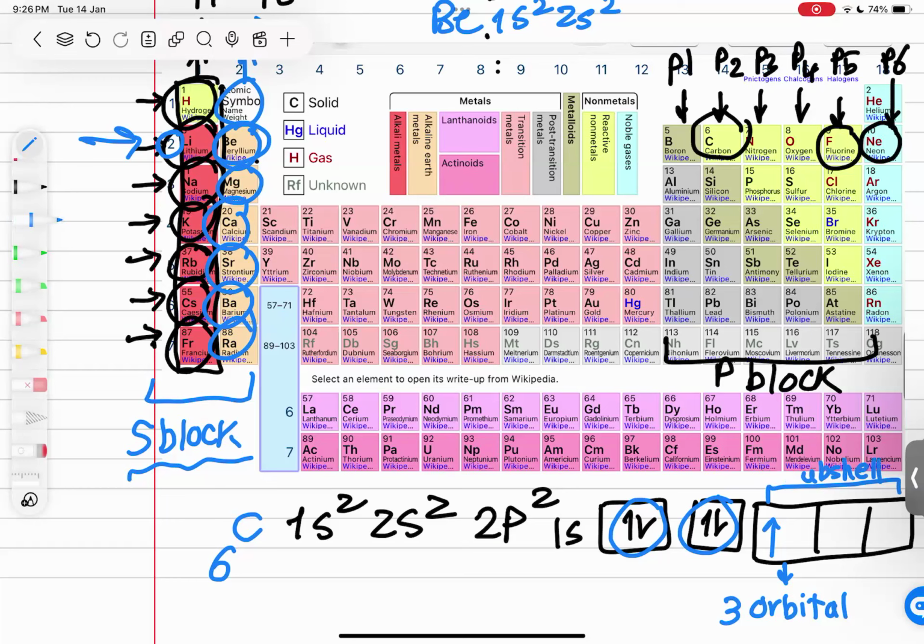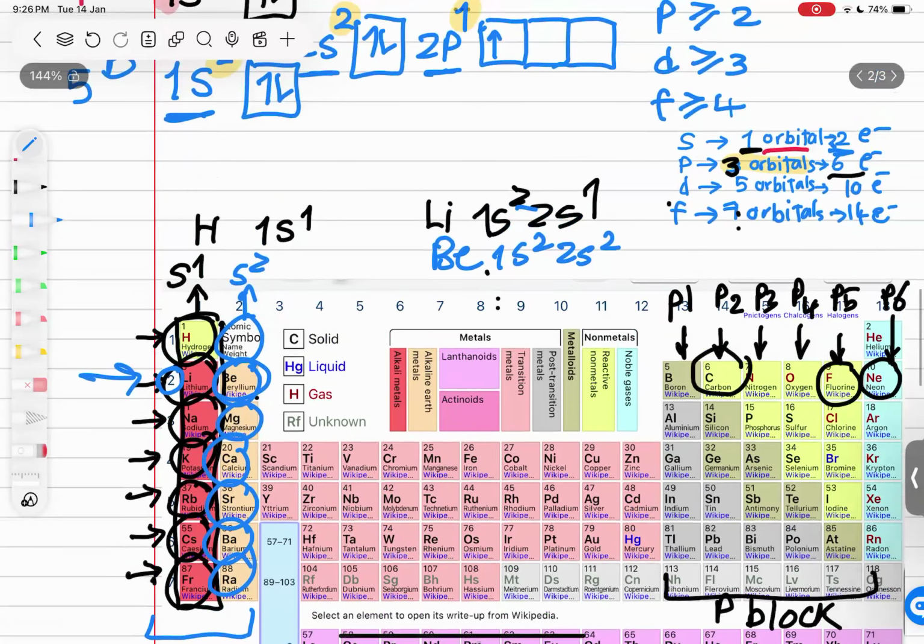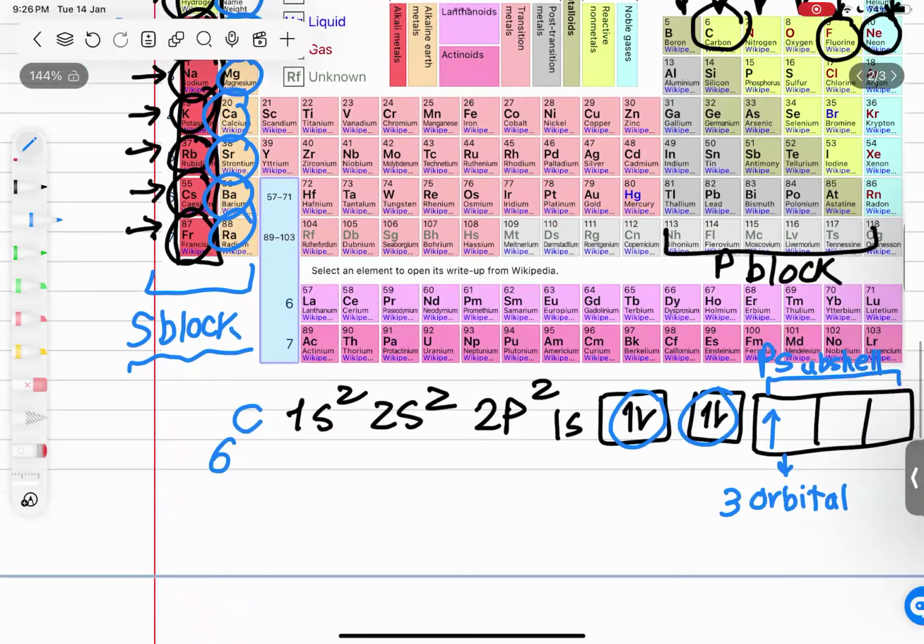The p subshell contains how many orbitals, or rooms? 3. Each one carries 2 electrons. So the whole subshell carries how many electrons? 6 electrons, 2 in every orbital.